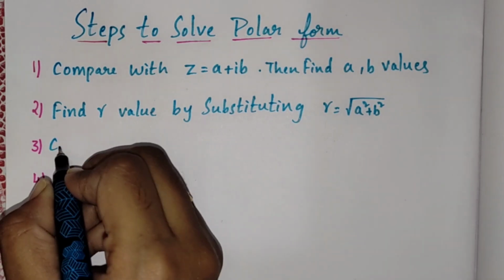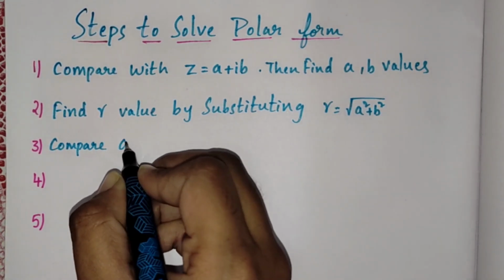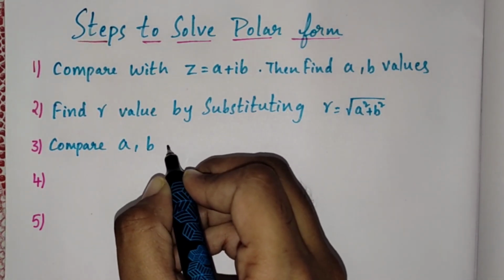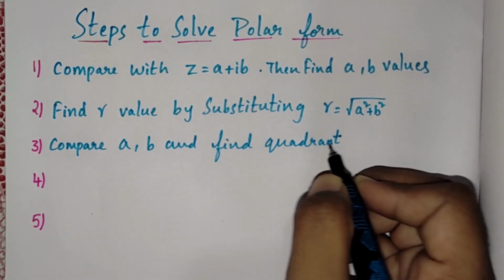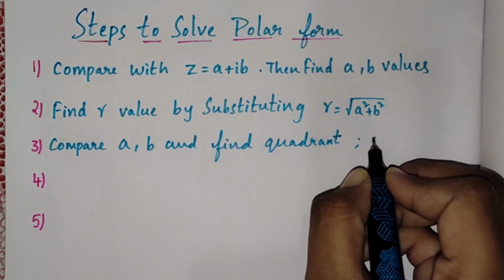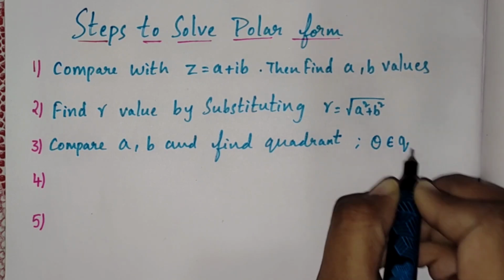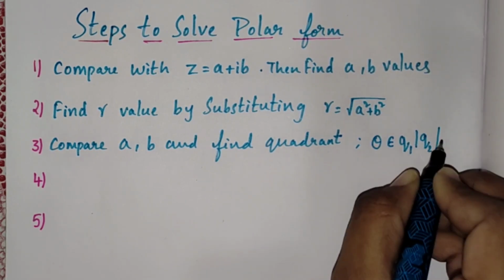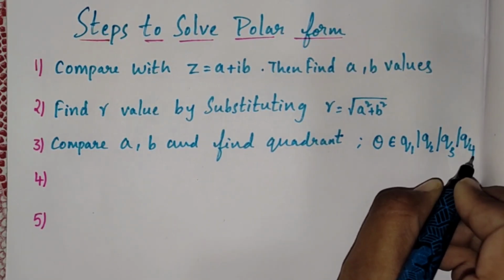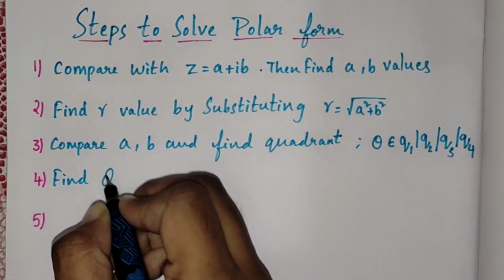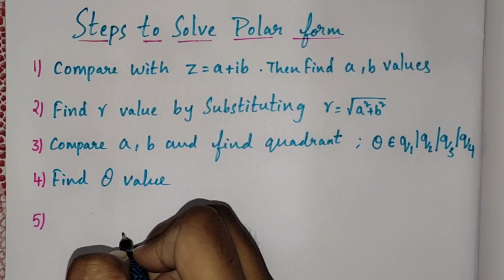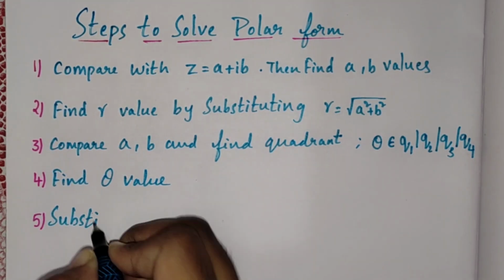Step 3. Compare a comma b and find quadrant. Theta belongs to quadrant 1 or quadrant 2 or quadrant 3 or quadrant 4. Step 4. Find theta value. Step 5.